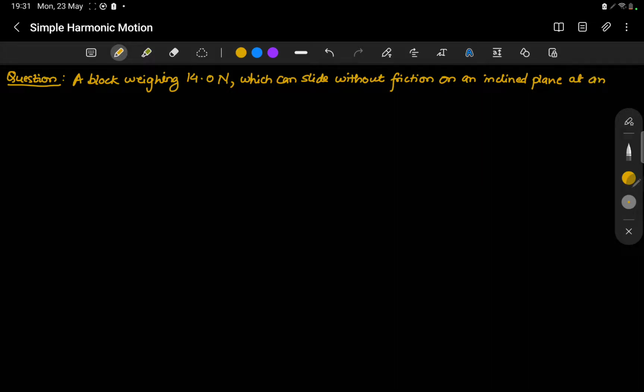at an angle of theta equal to 40 degrees. This is the inclination angle.